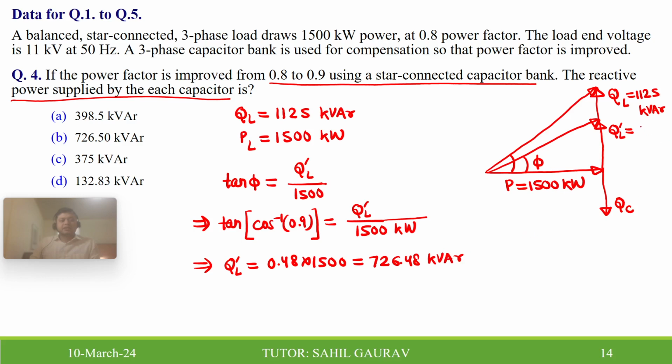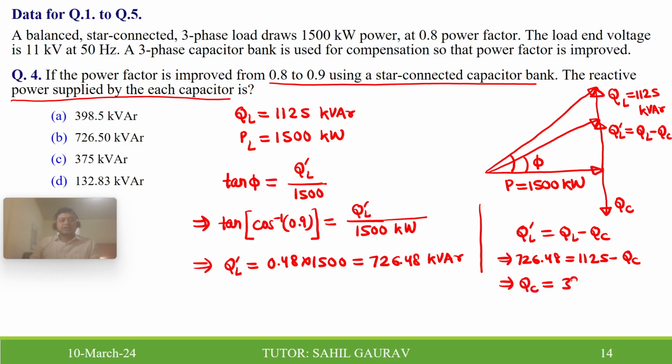And QL dash is QL minus QC. So from here we will get QC, and QC will come as 398.5168 kVAR.